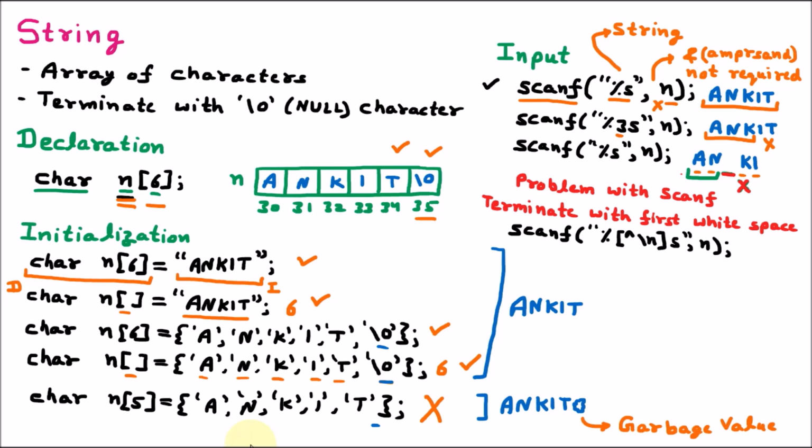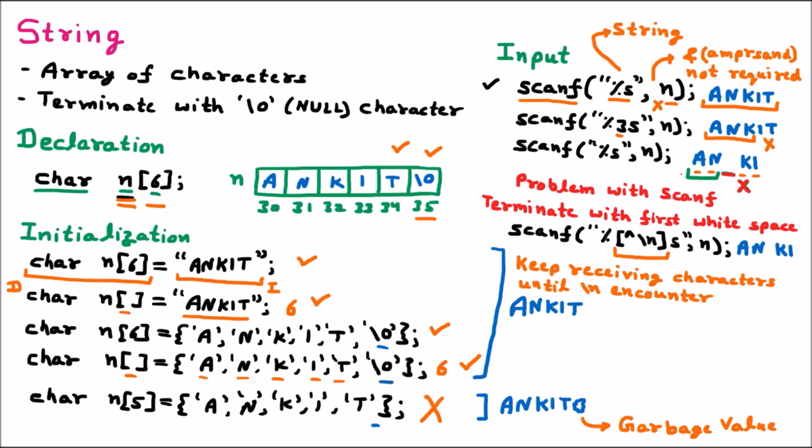Whenever we are adding the bracket, then the power sign, \n, then bracket close, this line signifies that we keep on receiving characters until \n is encountered, and we know that \n is for the next line. Suppose this time you say "an", then give one space, then say "ki", and now you press enter.